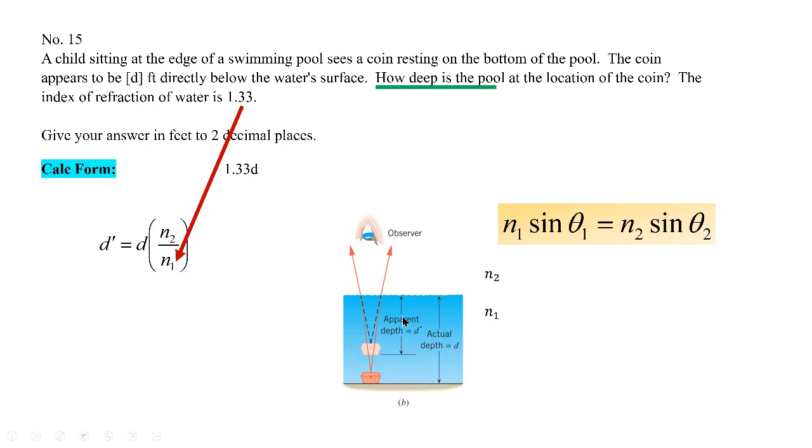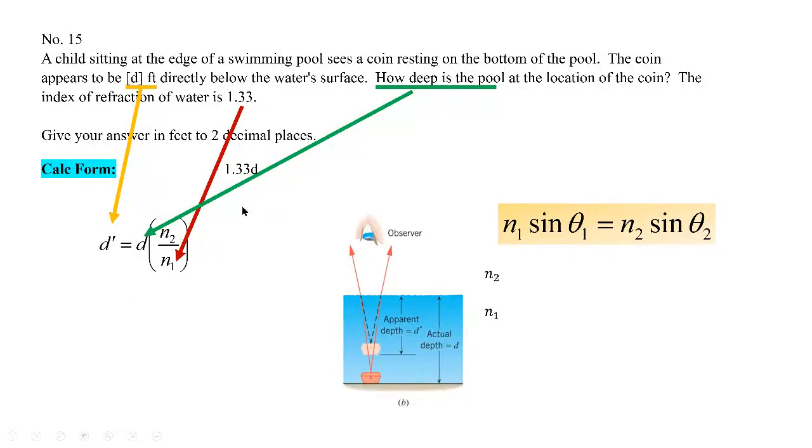All right. And then the other thing is, they are asking for how deep is the pool. Well, how deep is the pool? It's the actual depth. So it is now here. The actual depth is here. This is the apparent depth.